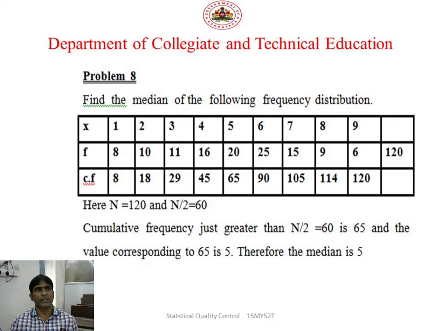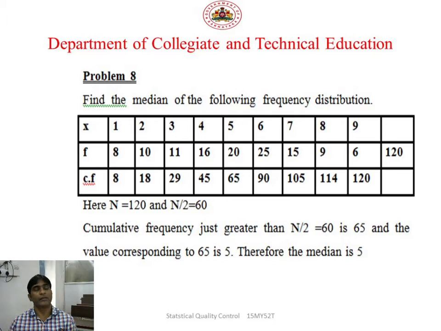Corresponding to 65, the class midpoint is 5. Therefore the median here is 5. We should note down the class: the class midpoint of that median class is 5. So our answer for this problem is 5. The median is 5. Like this we are going to solve problems for the median value.